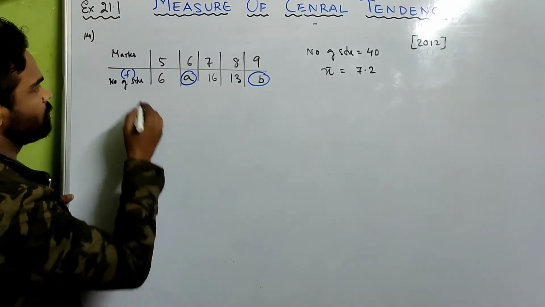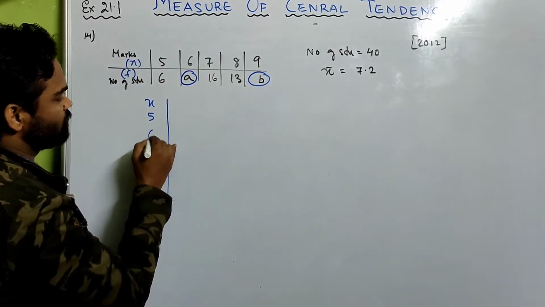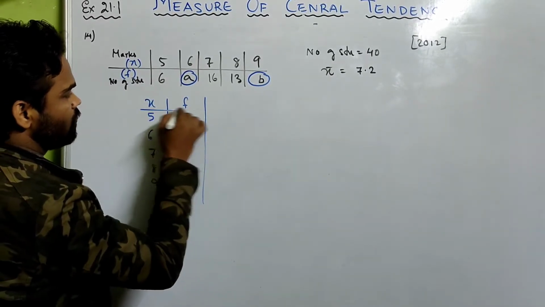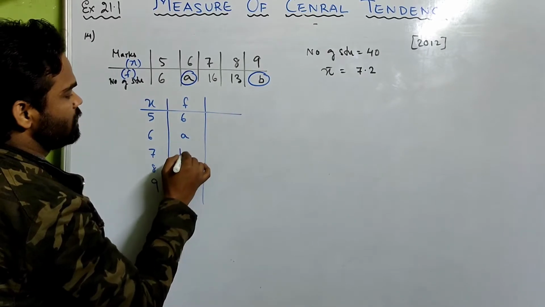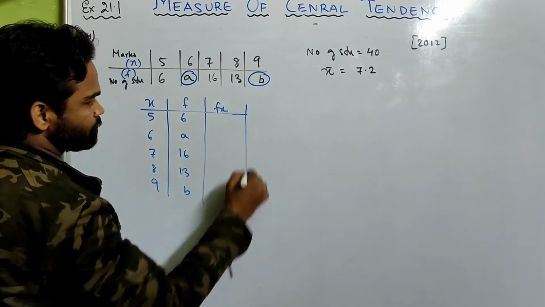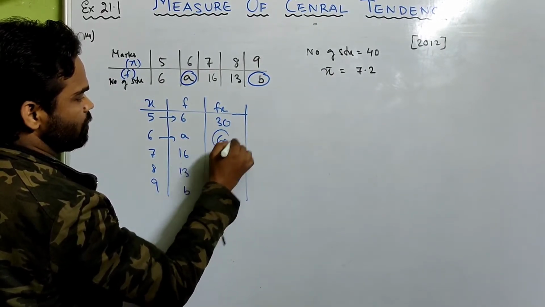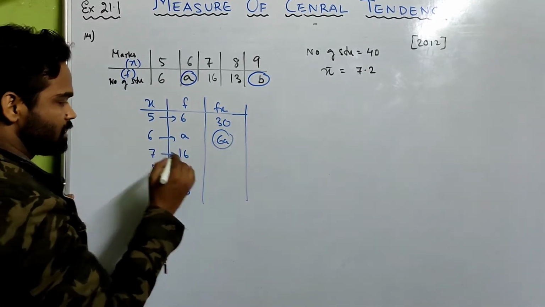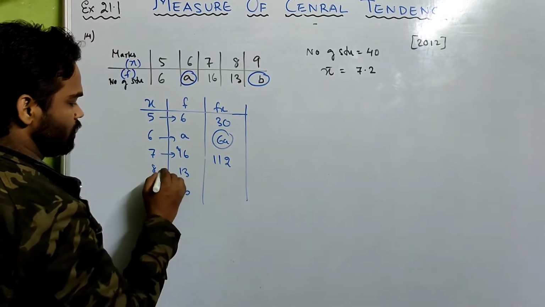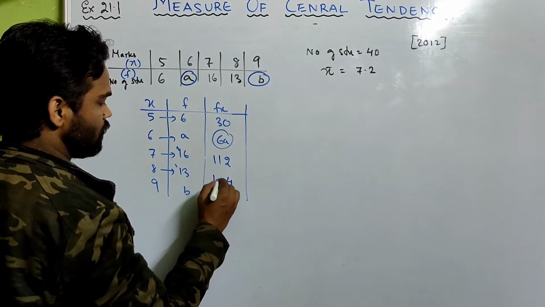I'll use direct method. See, marks is X, we know. X is given as 5, 6, 7, 8, 9. And F is also given to us: 6, A, 16, 13, B. First calculate Fx. 5 sixes are 30. This is 6A, 7 times 16 is 112. 8 times 13 is 104.